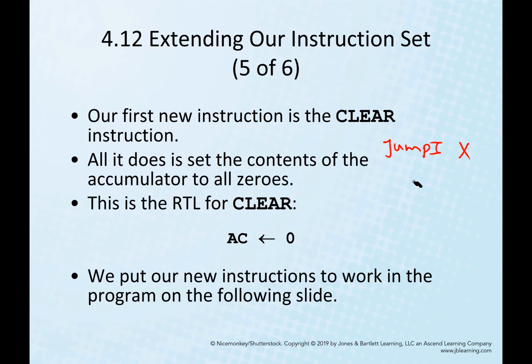Let's show the macro operations on RTLs for jump indirect X. X goes to MAR, M[MAR] goes to MBR, and MBR moves to PC. Do you remember what the RTL for jump X was?